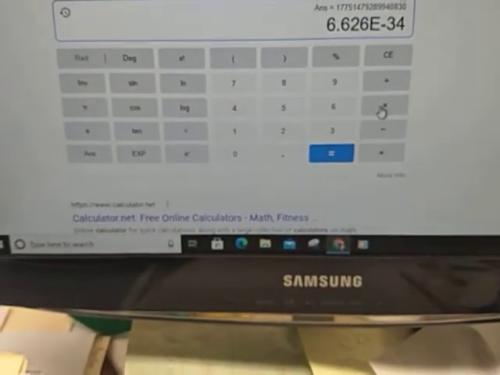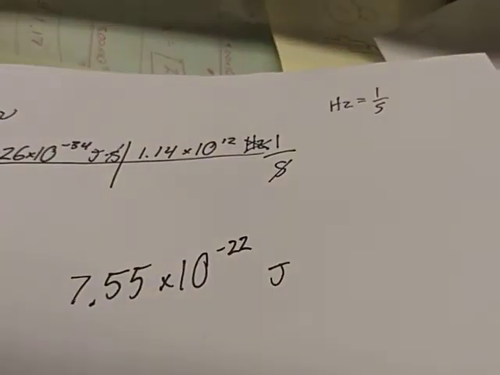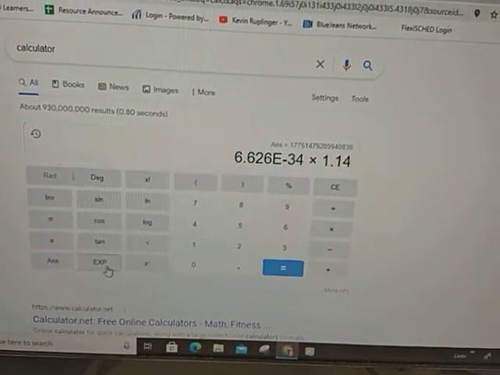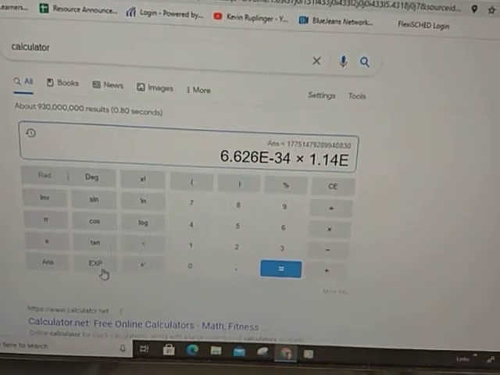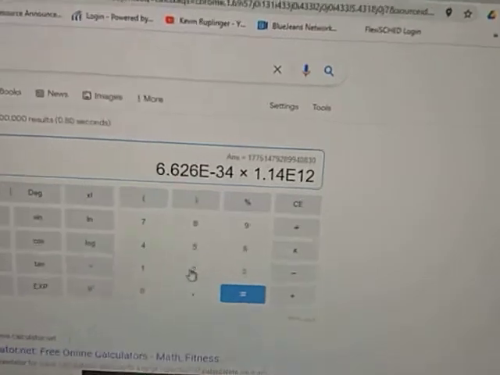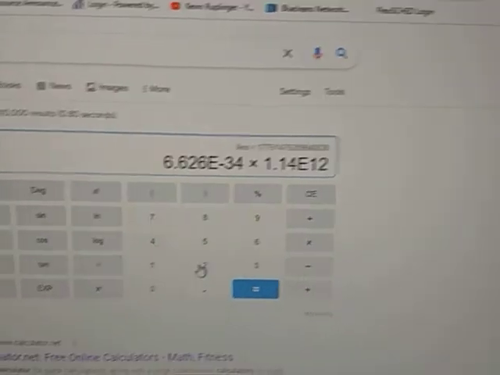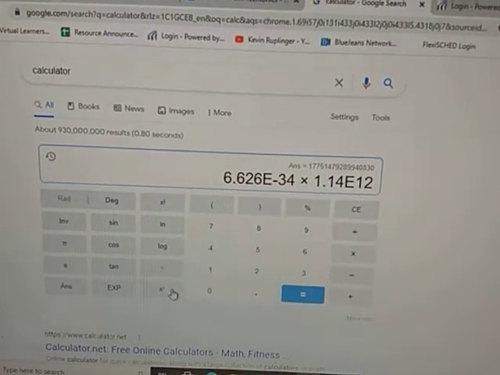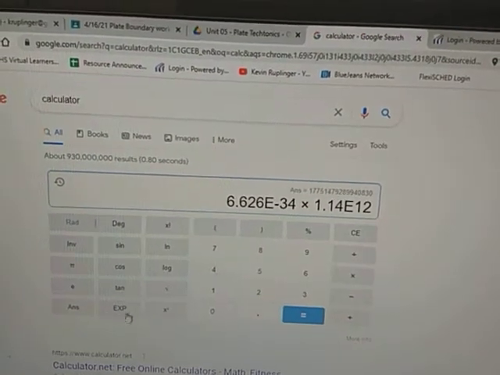Alright, so I'm going to go times, and my other quantity was 1.14 times 10 to the 12th. So I did the exponent, 12. You see how that reads on the screen. This calculator is even one keystroke less than the other calculator, because I don't have to do a second function.